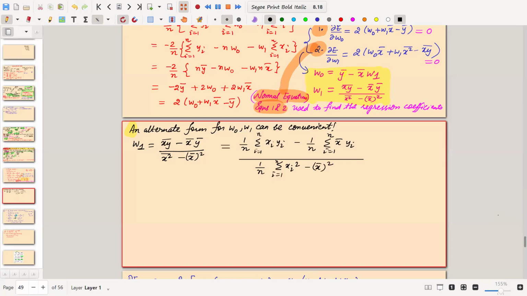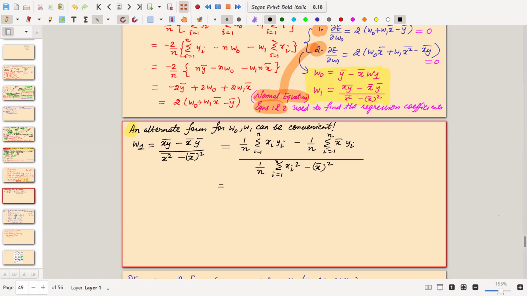So what else can we do after this? Can you take the common?